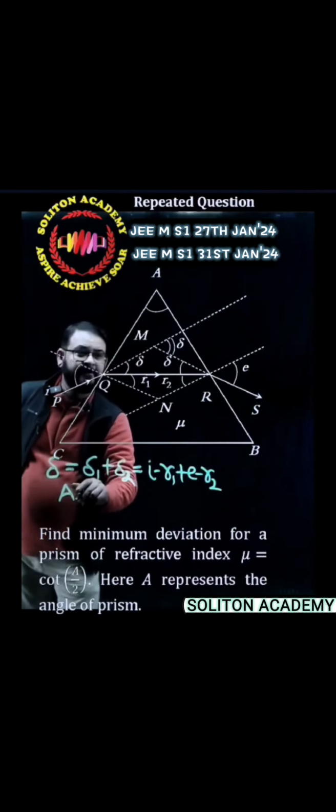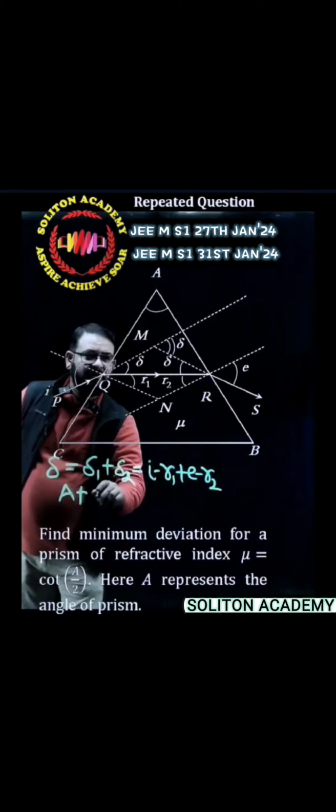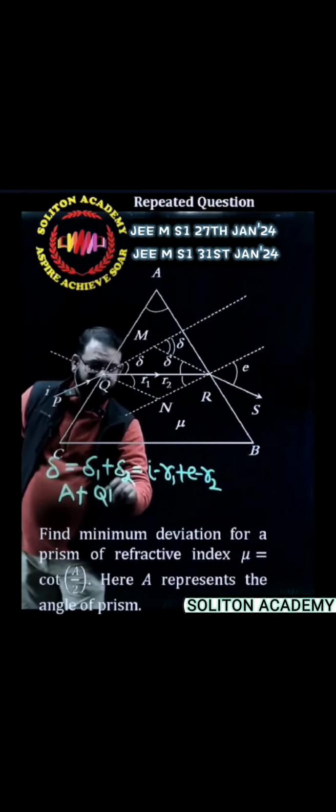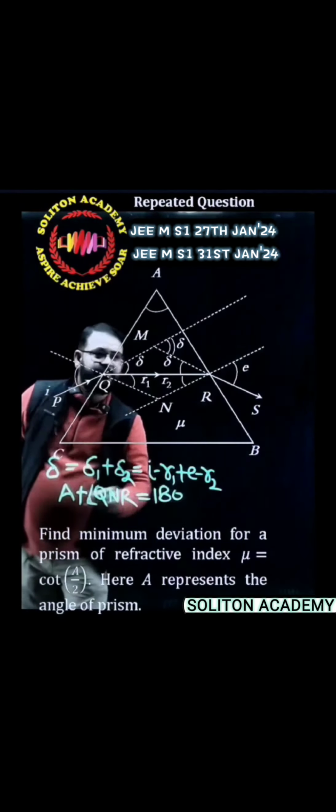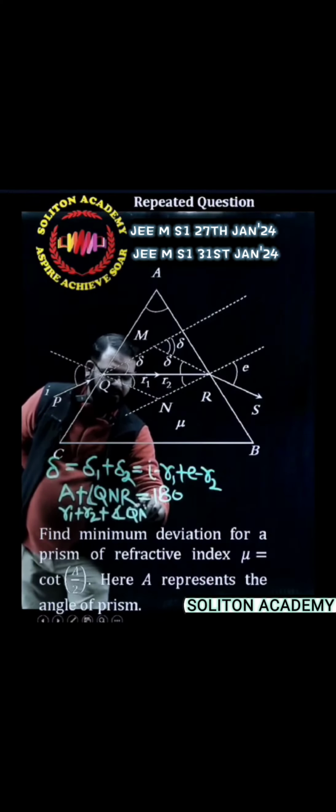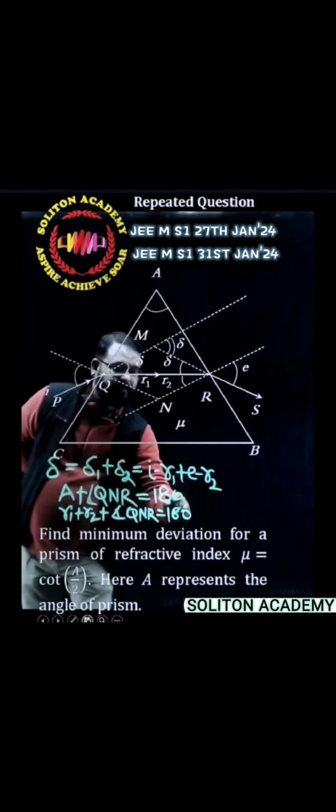So A plus angle QNR is 180, and we also know that r1 plus r2 plus angle QNR is 180 degrees.